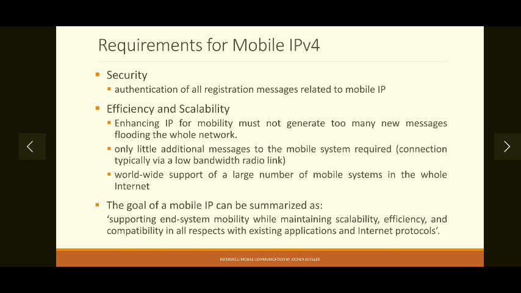End system mobility while maintaining scalability, efficiency, security, and compatibility in all aspects with existing applications and internet protocols. So that can be a single sentence summary of all the requirements of mobile IP.